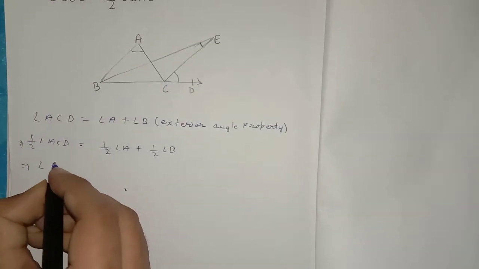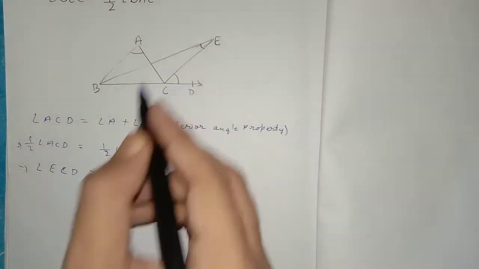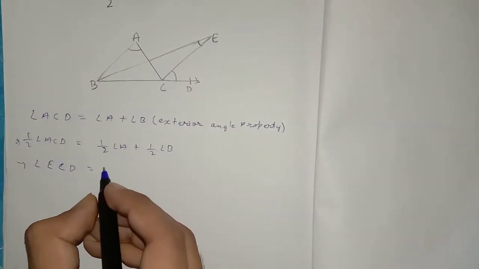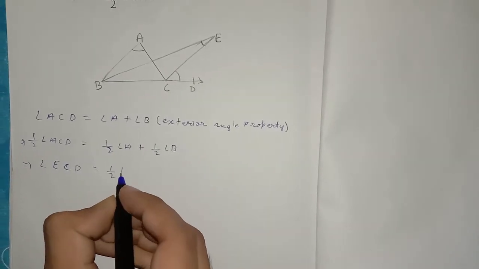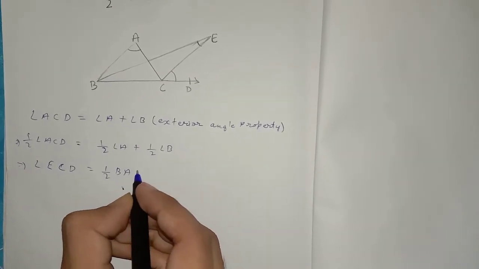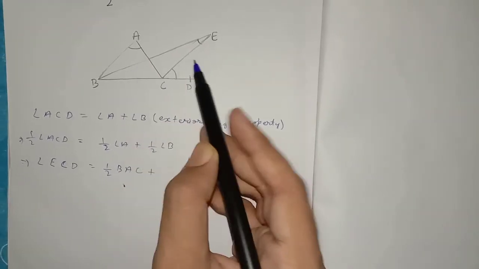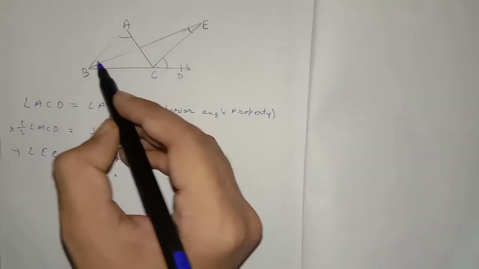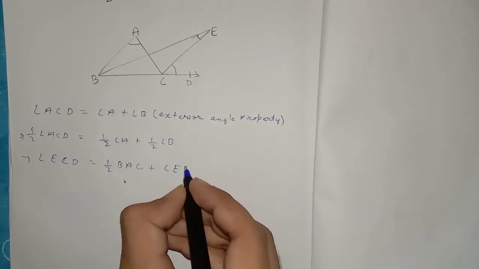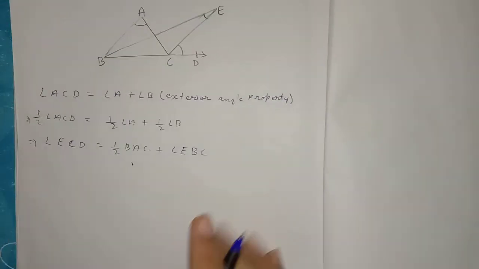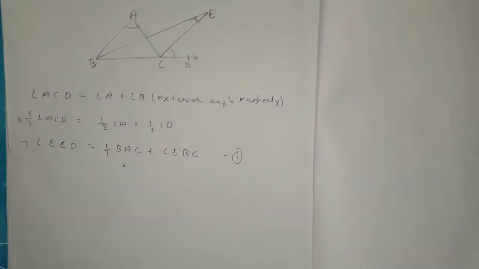So angle ECD is equal to half angle A, and we can write half angle A as half angle BAC, and half angle B we can write as angle EBC, as BE is the bisector of angle B. So here is our first equation.